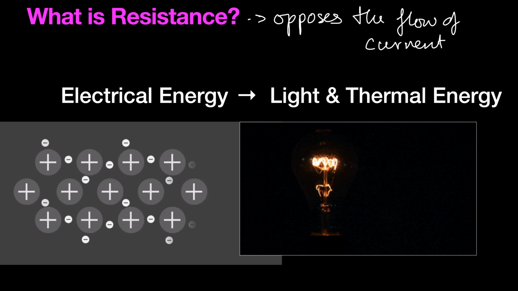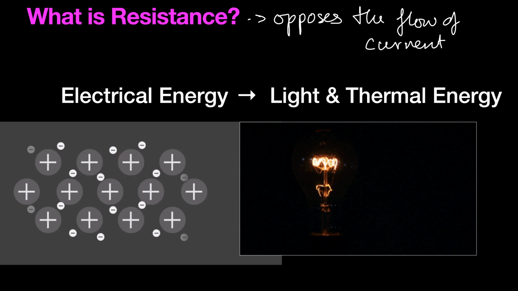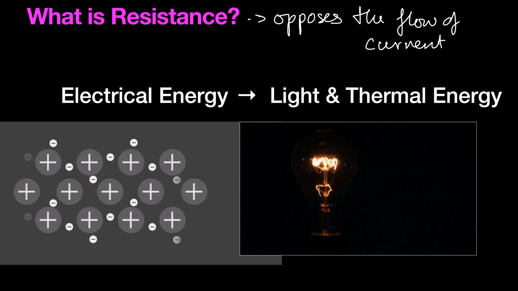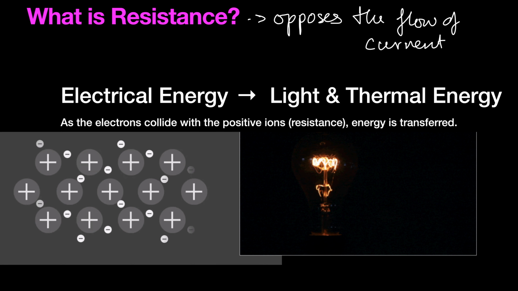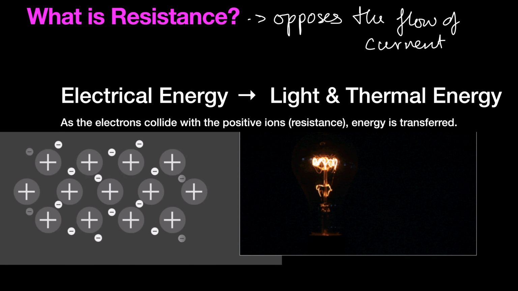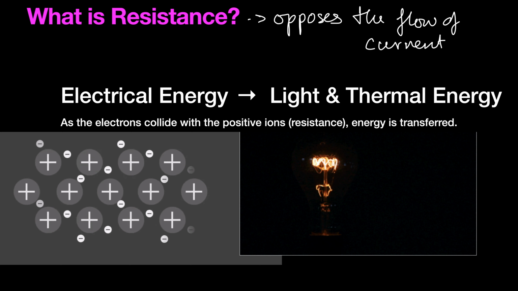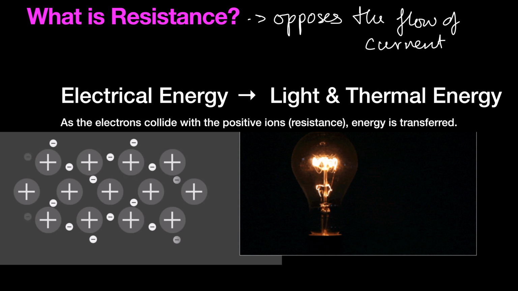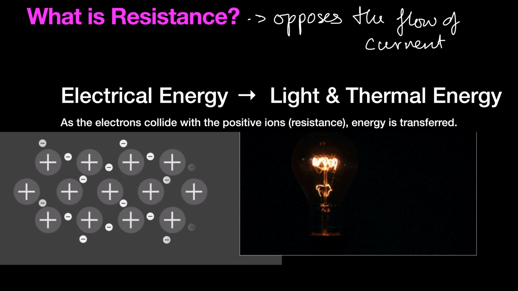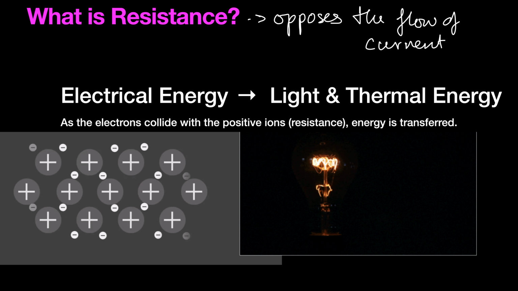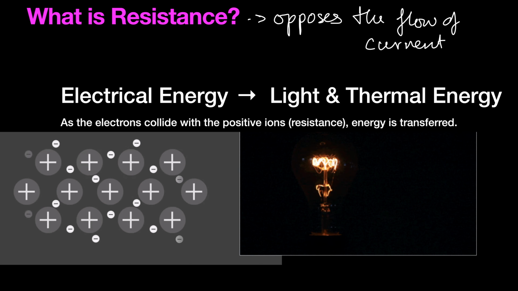But actually, these electrons are constantly banging into and colliding with these positive ions. This creates a lot of resistance. But this is how energy is transferred. The electrical energy in the electrons is converted to thermal energy or light energy as the collisions happen. So it's those collisions that allow energy to be transferred.